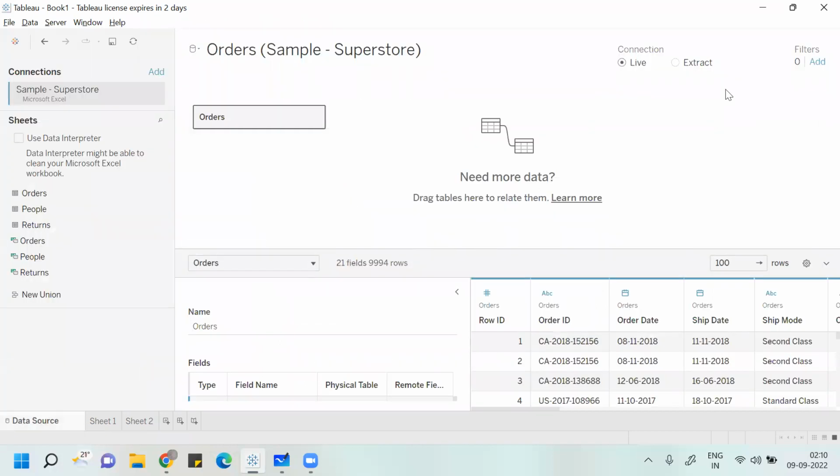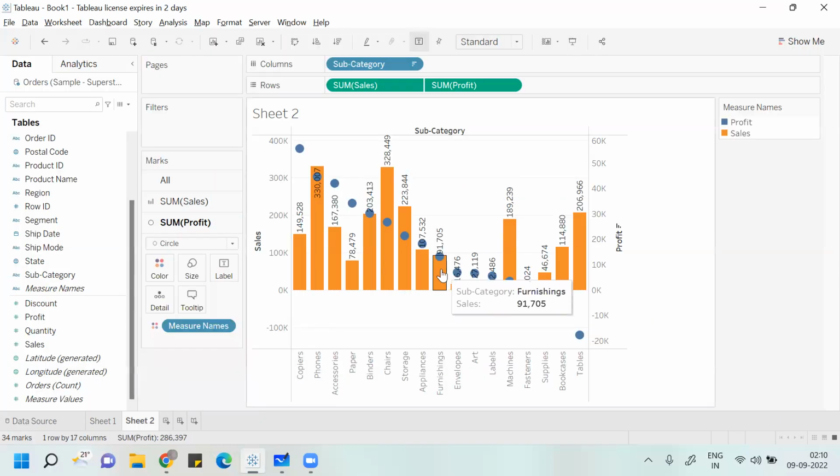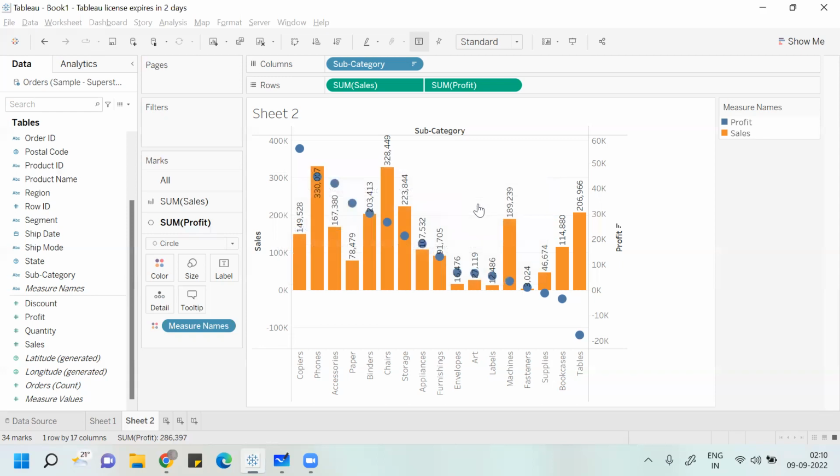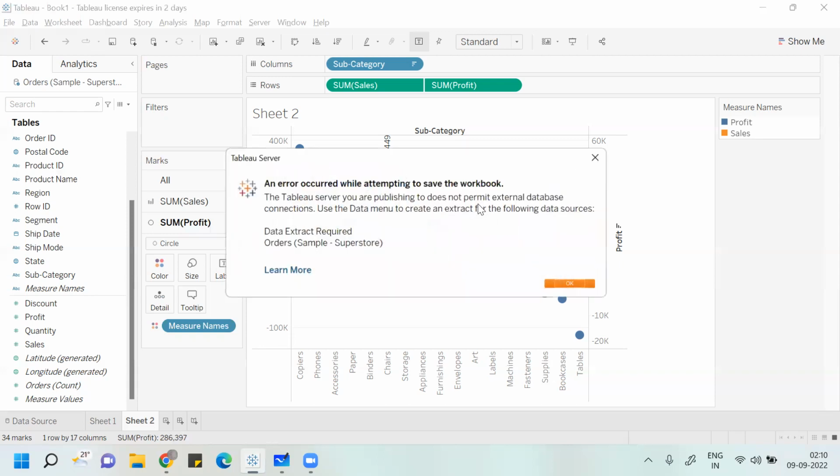You go to data source, click on extract, and then come to this sheet. You can take a print screen of this, or once you're done with this, you simply need to click on the share option, and here you can select the server location, and you can click on connect, and then your data will by default get saved in Tableau Public.